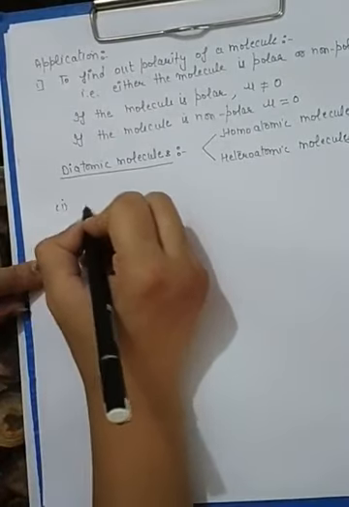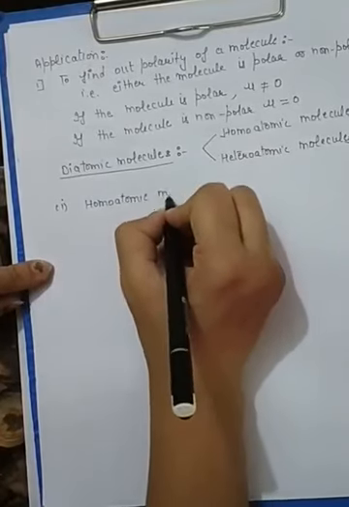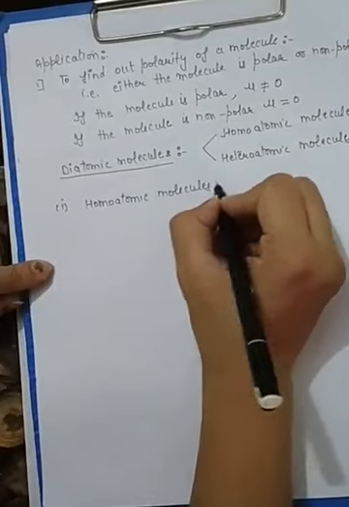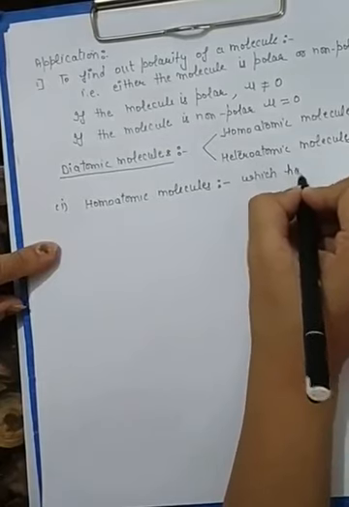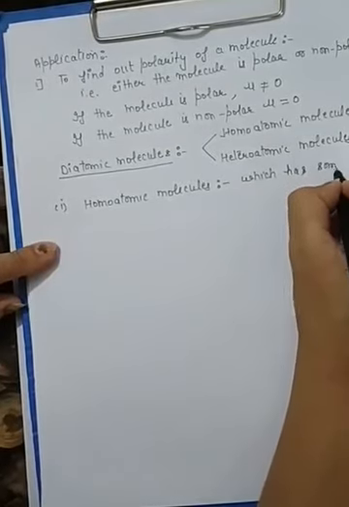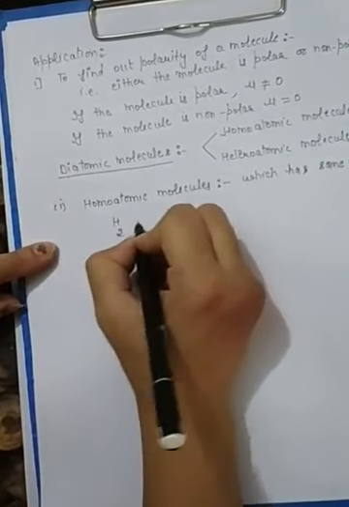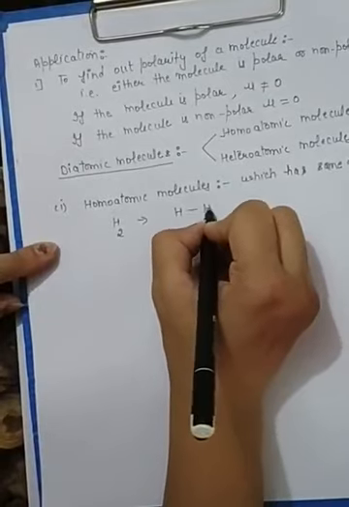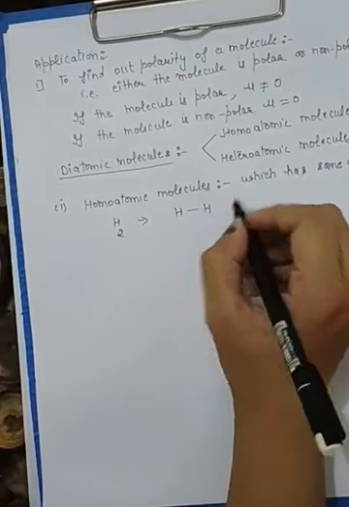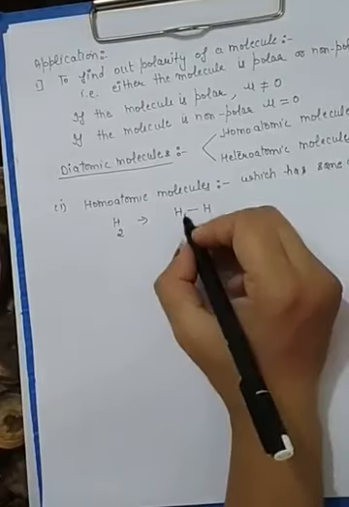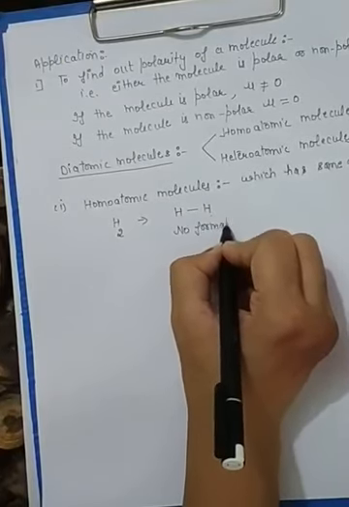So first, take homoatomic molecules, which have the same atoms. For example, hydrogen. Here both the bonded atoms are hydrogen, hence their electronegativity is the same. No charge separation takes place, hence no formation of dipole here.